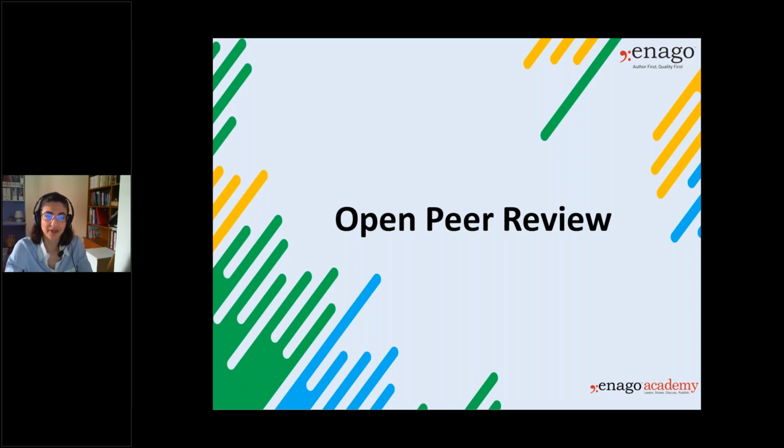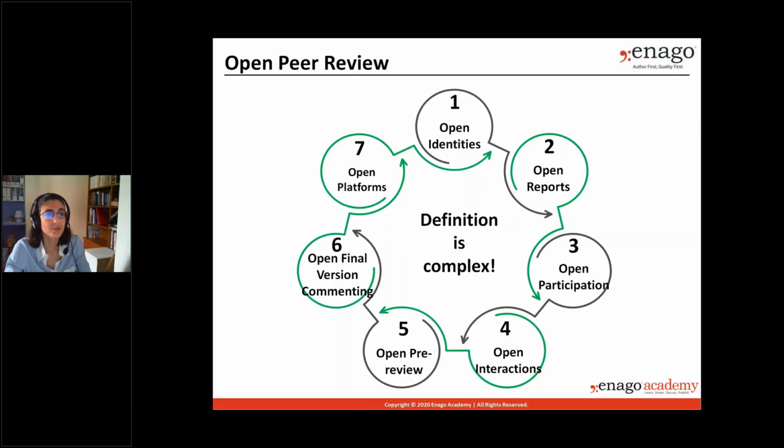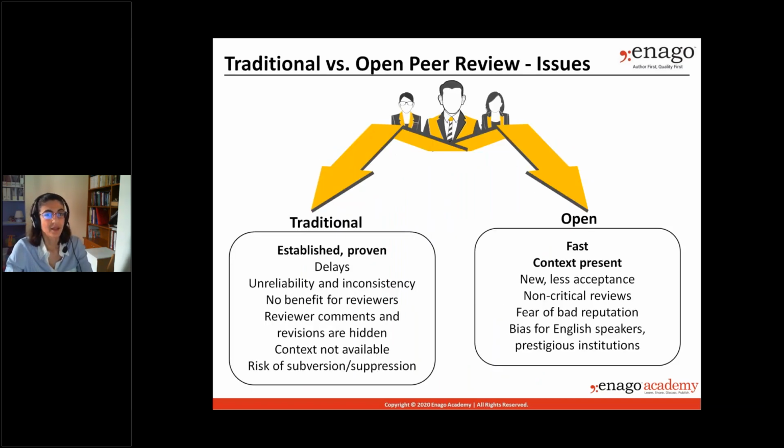Another aspect of openness is the open peer review. When it comes to open peer review, we're talking about open identities, open reports, evaluation reports, open participation, open interactions, open pre-review, open final version commenting, and open platforms as a whole. Some issues when it comes to comparing the traditional versus the open peer review.